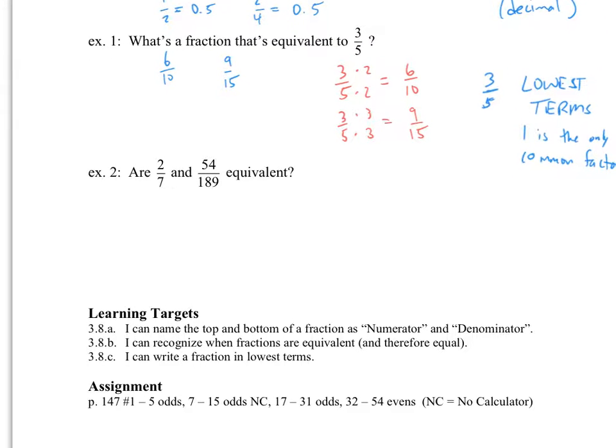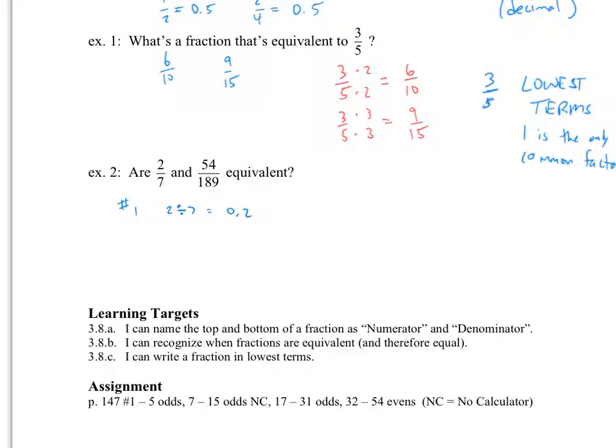Equivalent fractions. How do you tell if something's equivalent? Two different ways. First way, we can divide them. Somebody grab a calculator, 2 divided by 7. What do you get? It's not going to be negative, it's going to be positive. Equals 0.2.